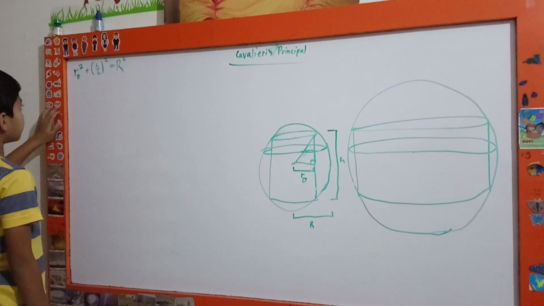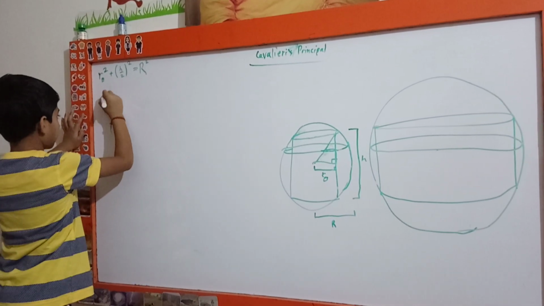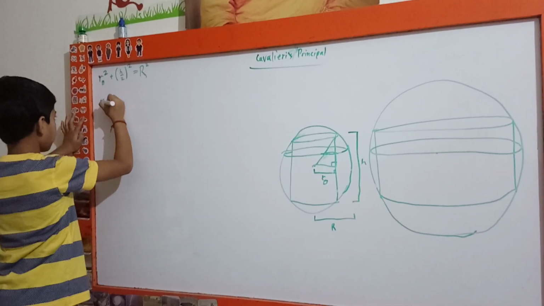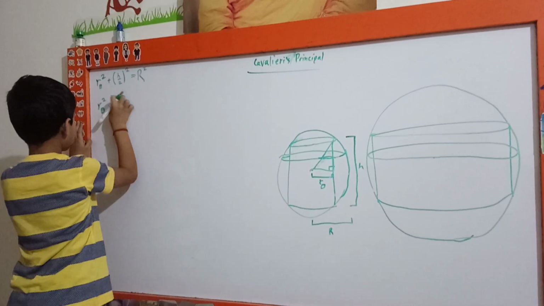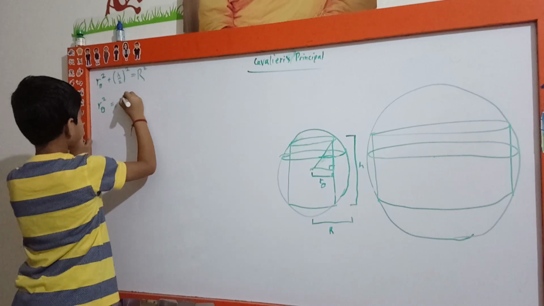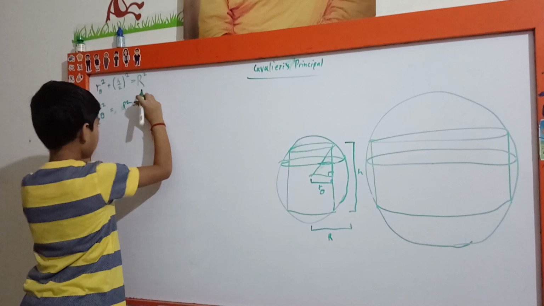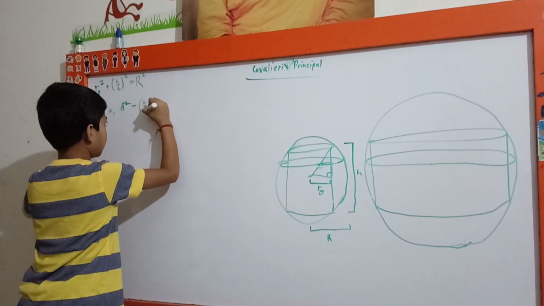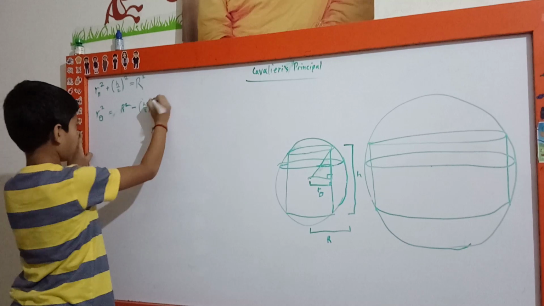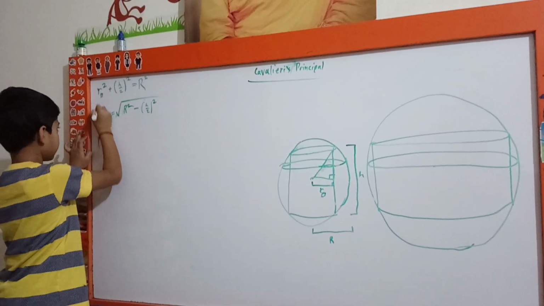So now the radius of the cylinder squared equals the radius of the sphere squared minus half the height of the cylinder squared. Let's take the square root of both sides.